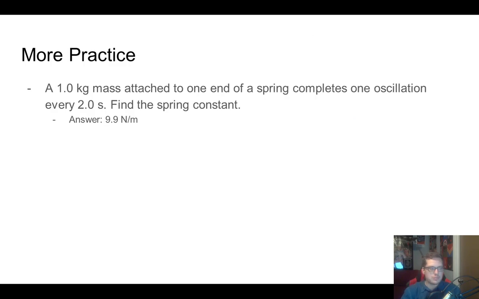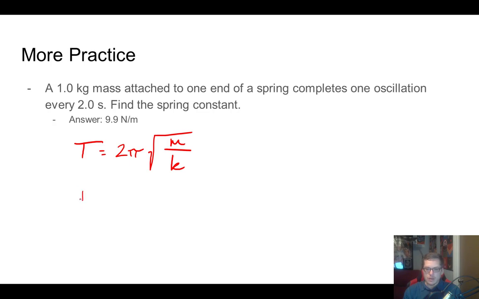We're finding the spring constant. So this is essentially exactly the same thing as what we just did. Only we're going to finally be using that other formula, T equals 2 pi times the square root of the mass of our object over our spring constant. We want to solve for that spring constant. So we're going to do some math magic.